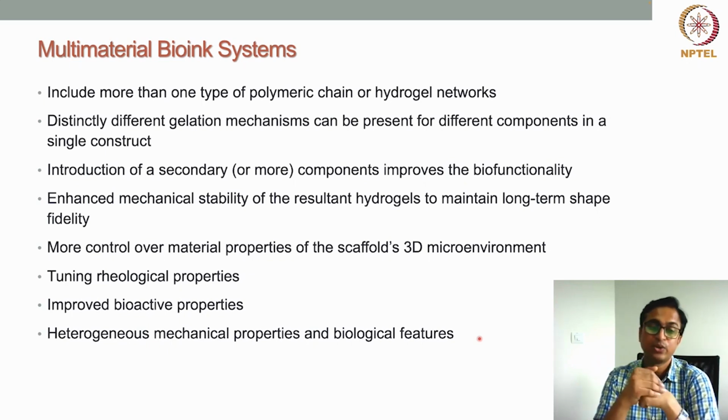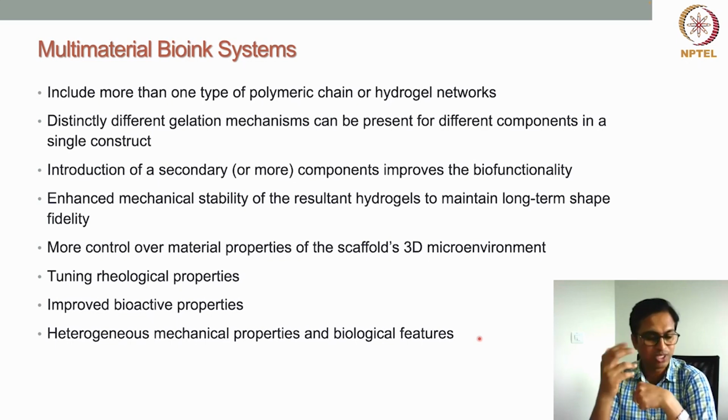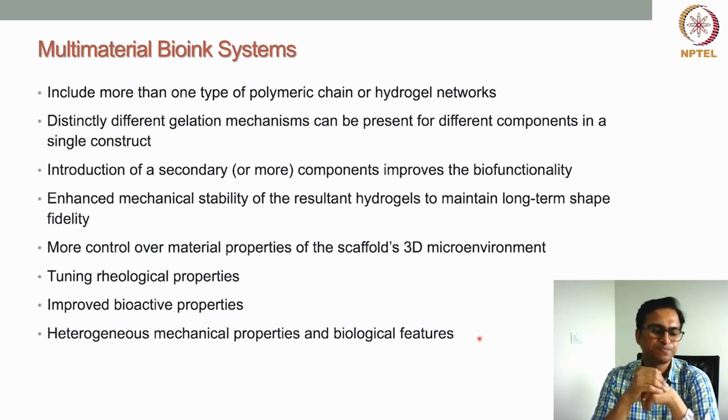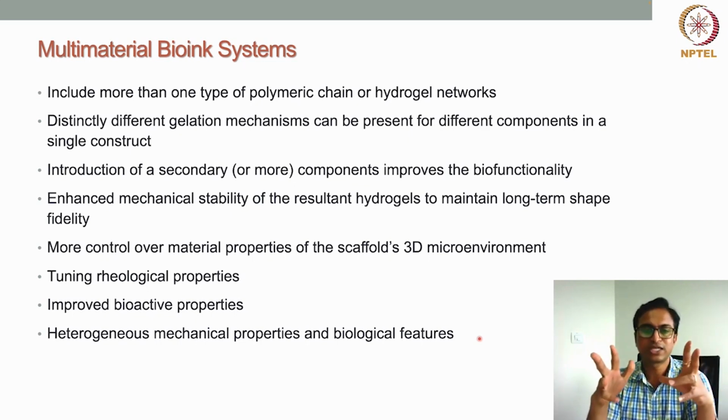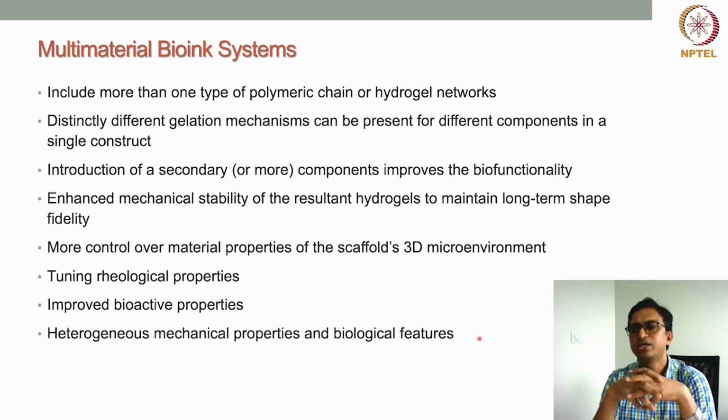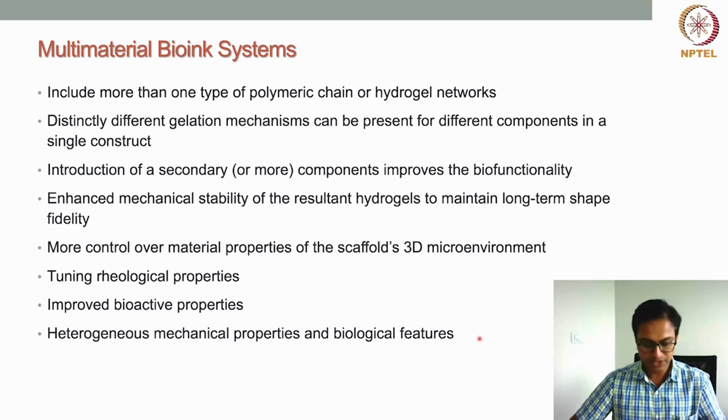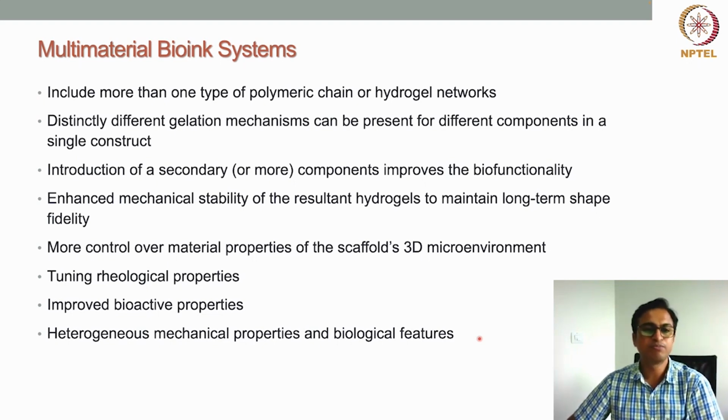In this way, we can get heterogeneous mechanical properties, because the biological nature of most tissue is that the tissue has heterogeneous structure, heterogeneous mechanical property, heterogeneous function. All this can be achieved with a multimaterial bioink system. That's why the multimaterial bioink system is very important, and recently there is huge interest in this domain. There are various scientists working to develop multimaterial bioink systems.